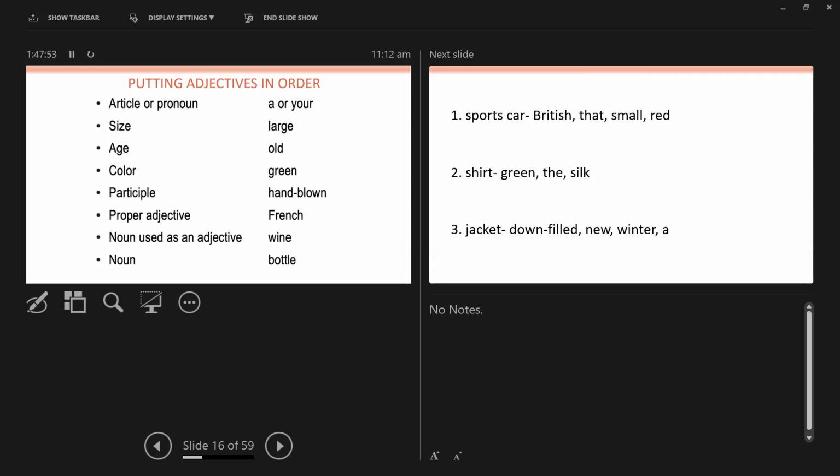Noun used as an adjective, wine glass, di ba? Pwede siyang gamitin as adjective. Although yung word na wine, it's a noun, right? What kind of glass is it? It's a wine glass. It's particularly used to drink wine. Okay? Noun, bottle.